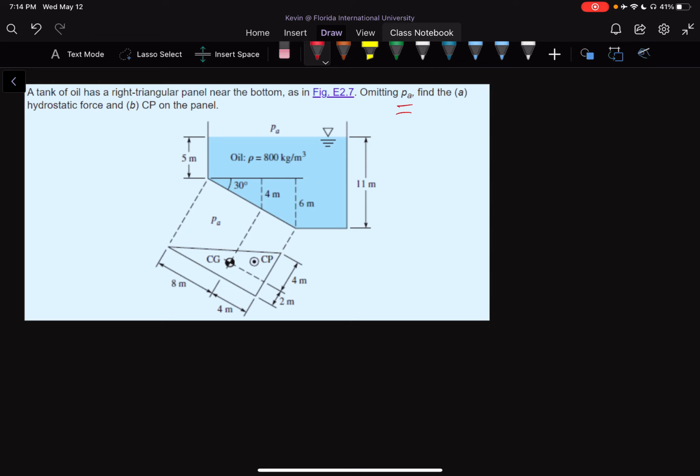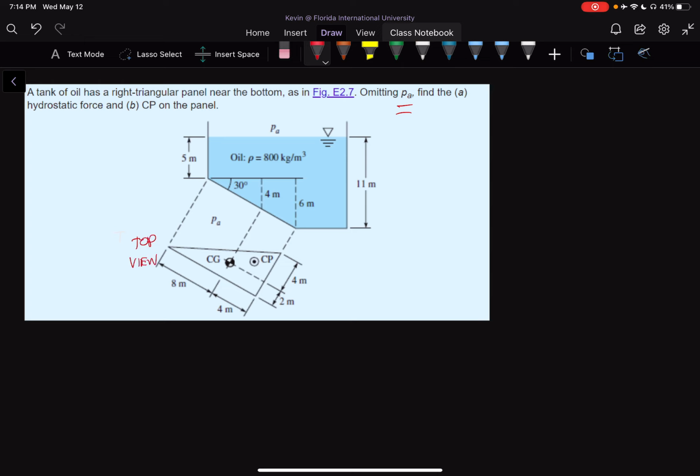Okay, so if you want to, you can pause the video here and try to solve your problem by yourselves. Now, you can see the book has been very nice to show you what the panel looks like. So the panel is a triangular panel, okay? This is a top view of the panel.